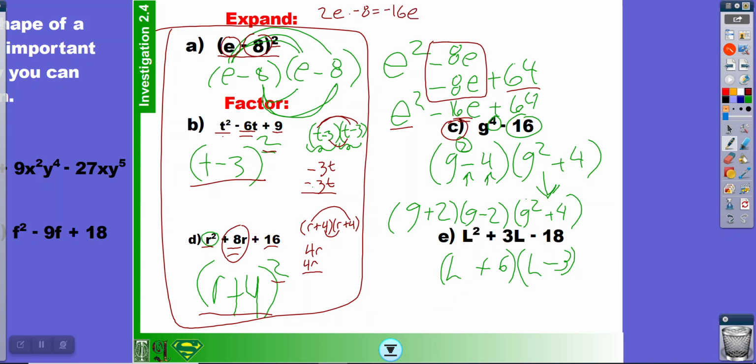So there is a shortcut if you can recognize it as a square binomial. However, doing your divided rectangles will always work. Rainbows and smiley faces when you're expanding will always work as well. Your choice. That's a little shortcut for that.